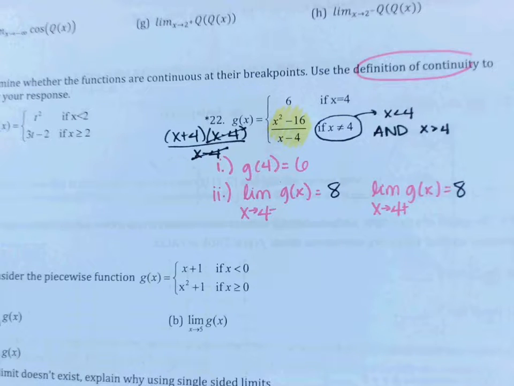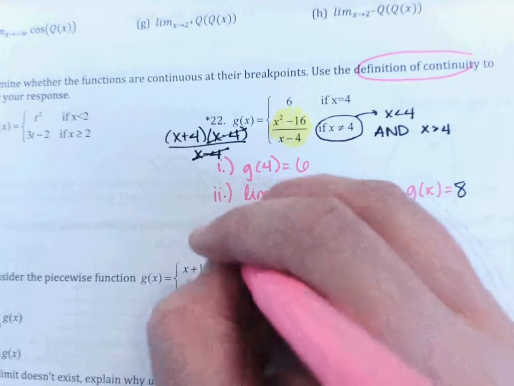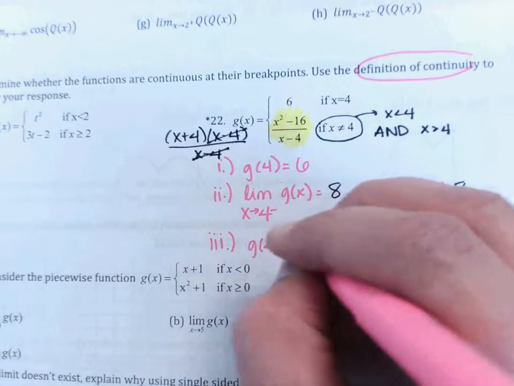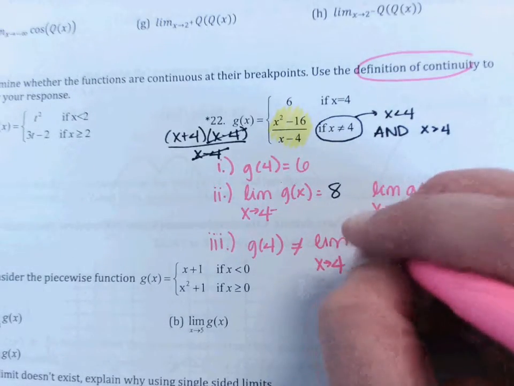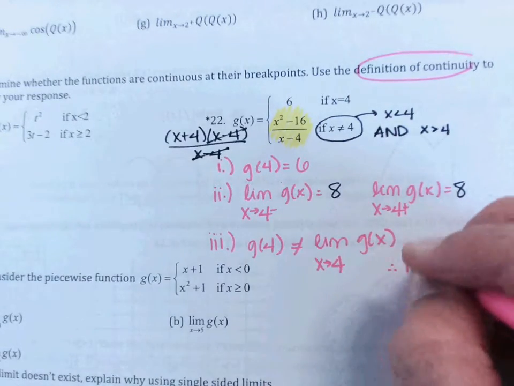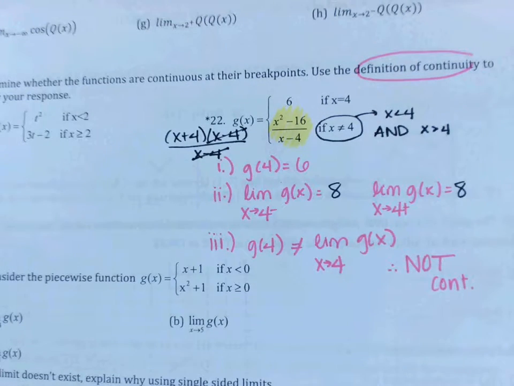Yes, it was 6. Part 2, do I have a limit? Yes, it was 8 from both sides. But the third step is those were supposed to be equal, are they? No. So g of 4 did not equal the limit I got. Therefore what? Therefore not continuous.